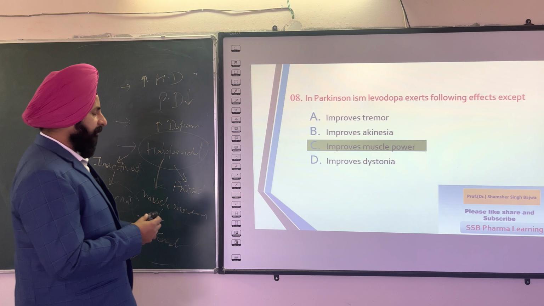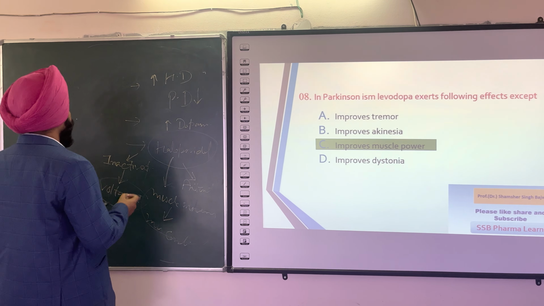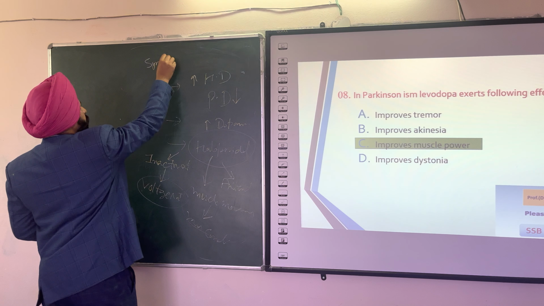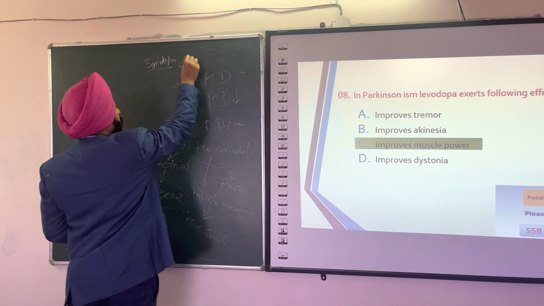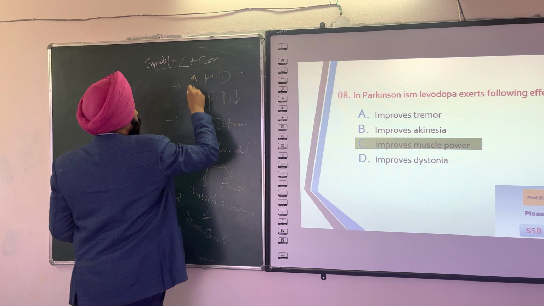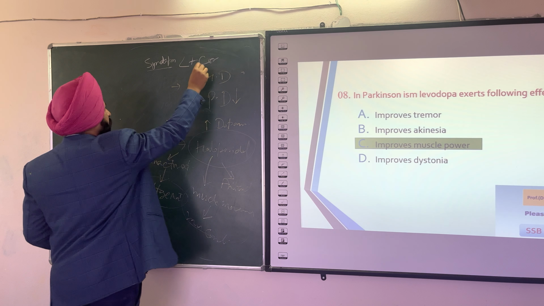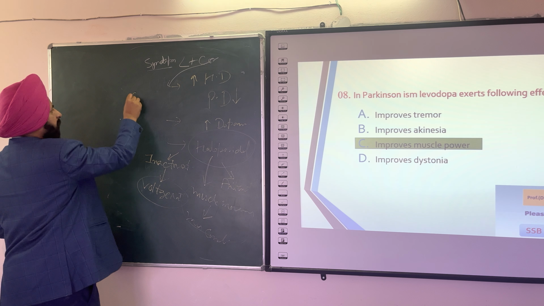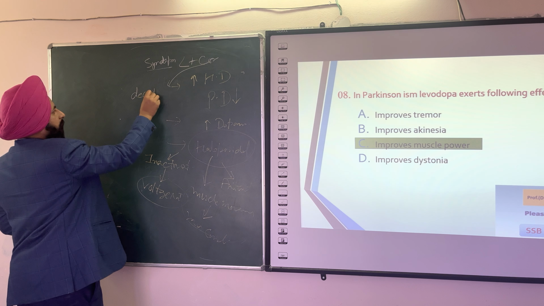So you know that levodopa is available under the brand name Syndopa, which contains levodopa and carbidopa. So here the question can be, how does carbidopa act? Carbidopa acts by inhibiting the decarboxylase enzyme.